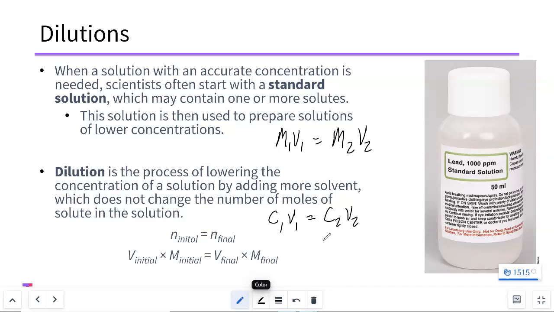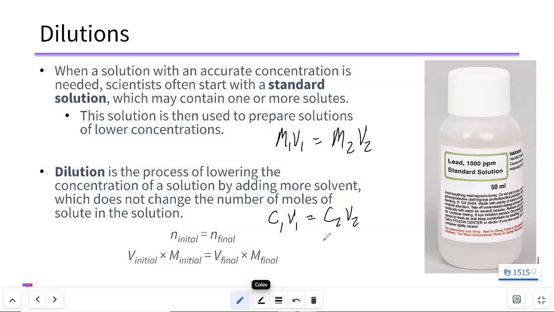The overall premise here is pretty straightforward. When I take a sample of this solution, the number of moles in this sample is not going to change, regardless of how much water I add to it.